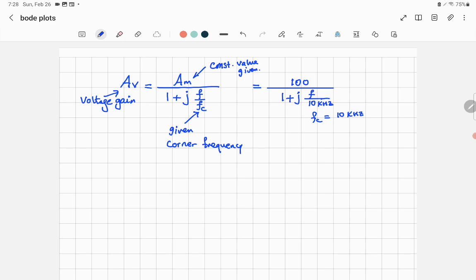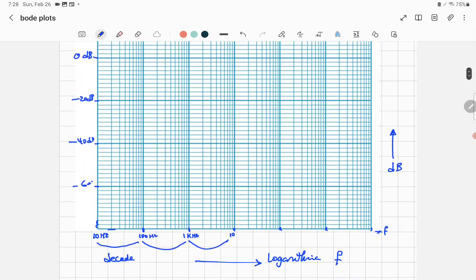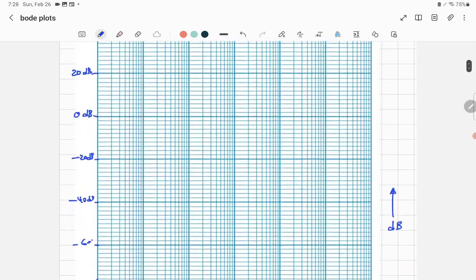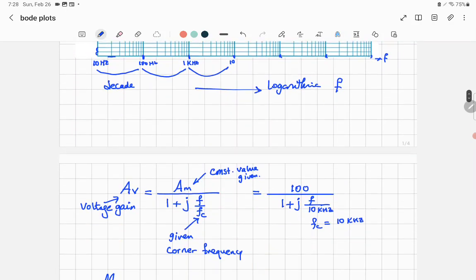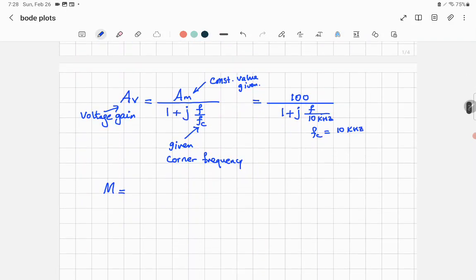First you have to find the magnitude. We'll call it M, and then we are going to use this paper that has a logarithmic scale and has decibel here. So obviously we have to express the voltage gain in decibel.